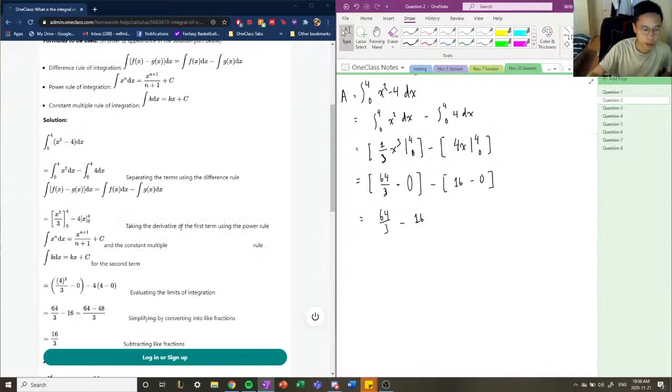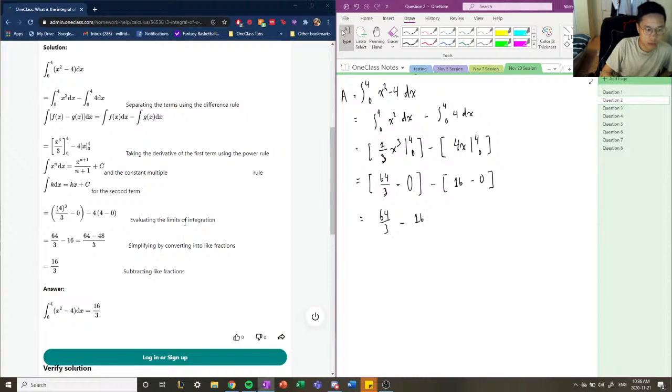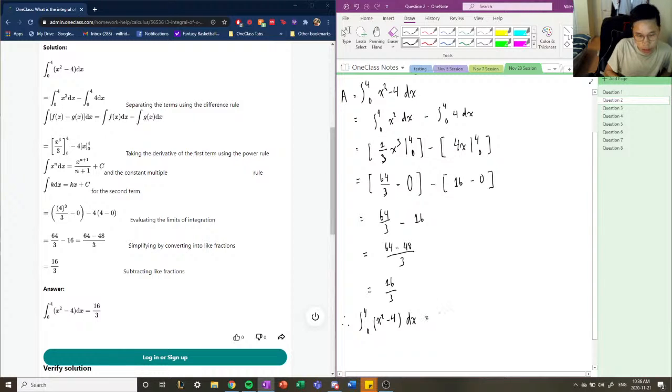Okay, cool. Now we're going to simplify this fraction. This is 64 minus 48 divided by 3, and that is equal to 16 over 3. Therefore, the definite integral from 4 to 0 of x squared minus 4 is equal to 16 over 3. Right?